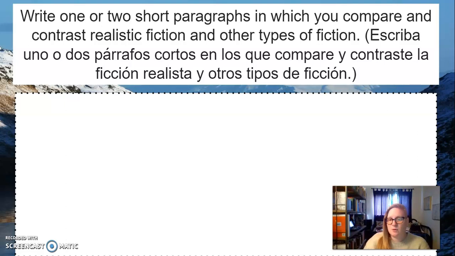Or it could be things that you're reading at home, like Charlotte's Web or Matilda. Well, Matilda's not a realistic fiction. But you can take Water Sky and compare it to other fictional stories that you know.